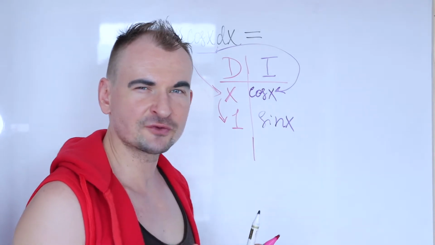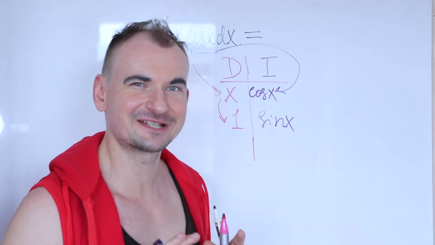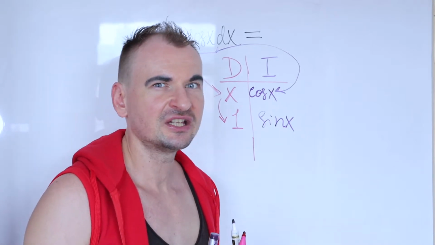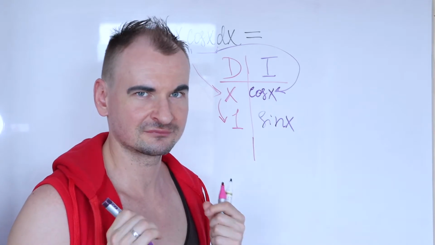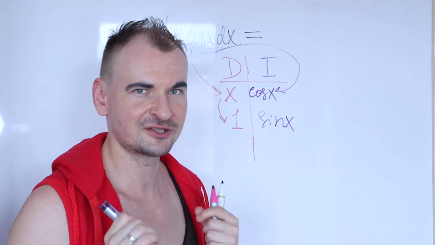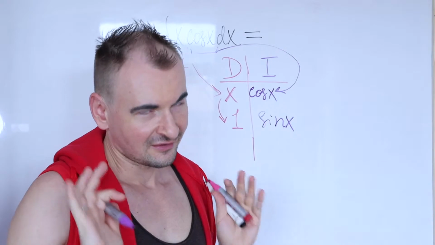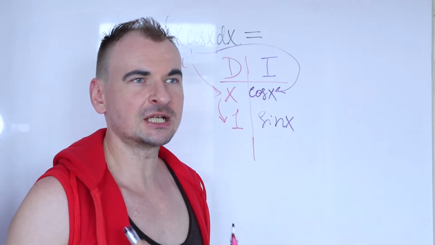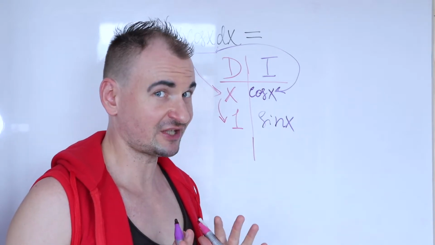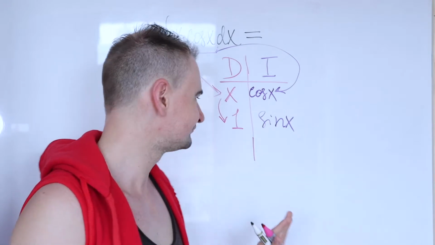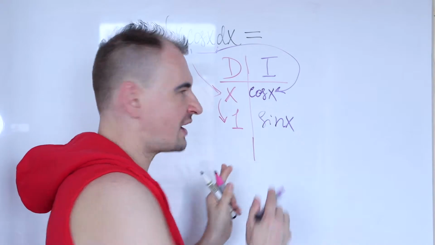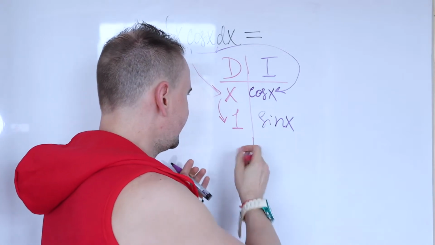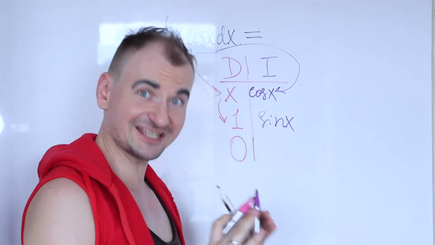Well, as I said before, sometimes it's impossible to get 0, so you might try something else, or you might just go to the UV formula, integration by parts, straight up at this point. So now, since the derivative of 1 is 0, we are done.